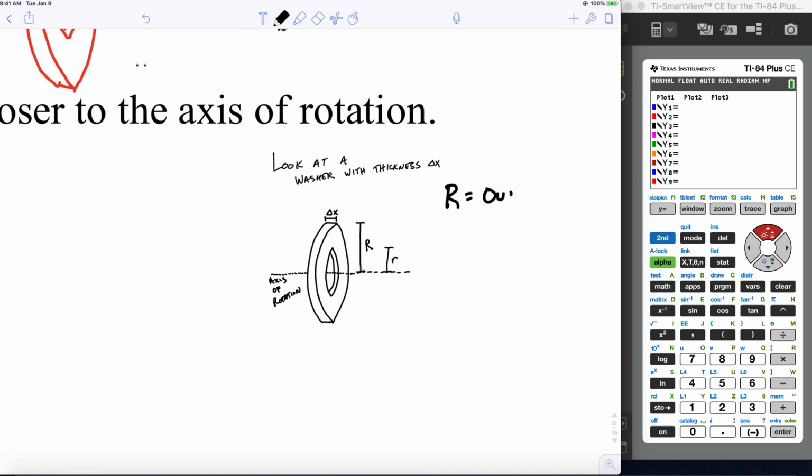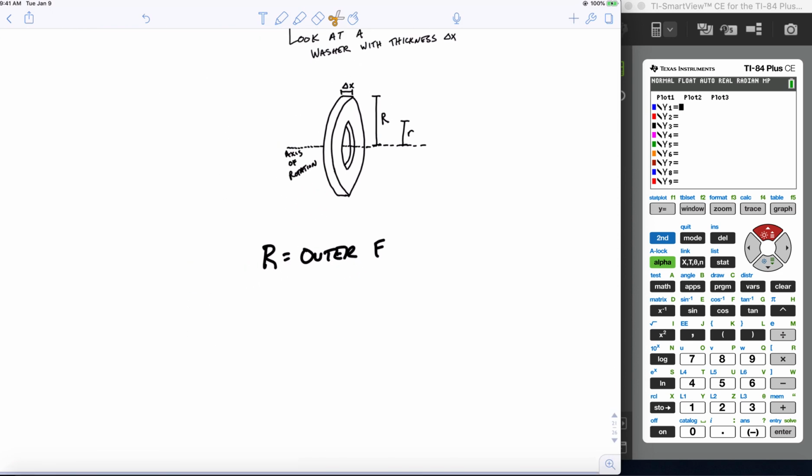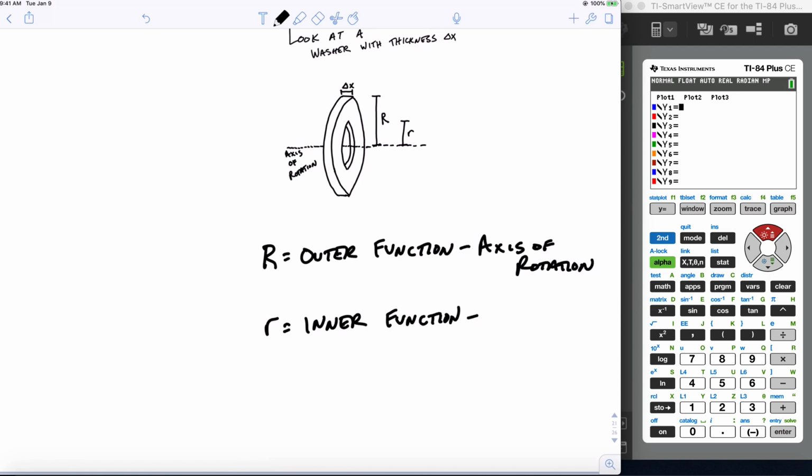So it's going to be the outer function minus the axis of rotation. That's going to be the length of our big radius. The length of our small radius will be the inner function minus our axis of rotation.